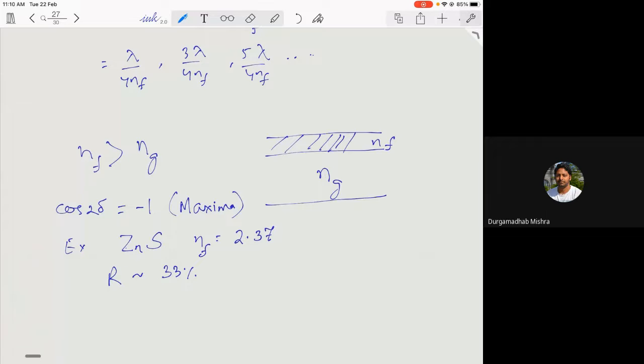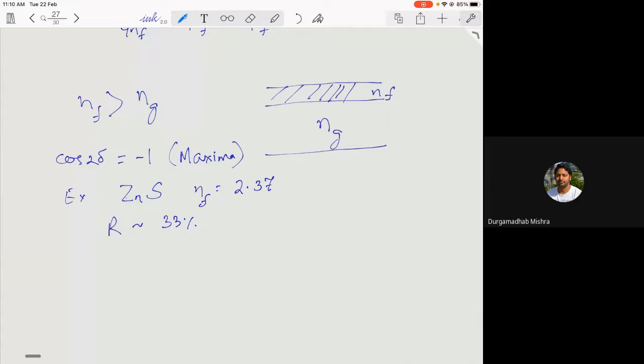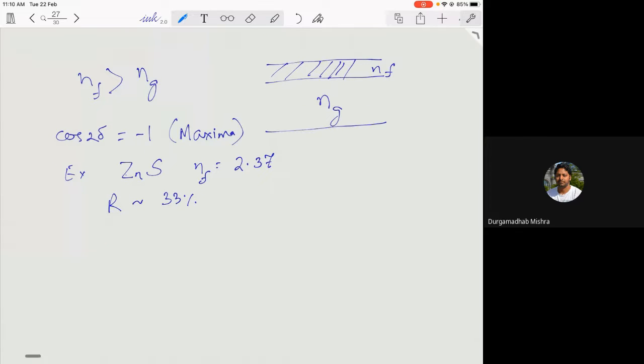So I will pose a question here, which I also don't have an answer to, but there is scope. Definitely, people are working in this direction. So the question is, can we have a coating where we can vary or change the refractive index, and make it more reflective or less reflective depending on the application?